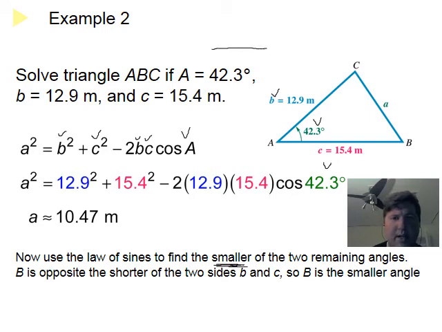Sometimes we'll have two answers. Like if the angle is 60 degrees, well, the sine of that angle is the same as the sine of 120 degrees. I can't remember my reference angles.